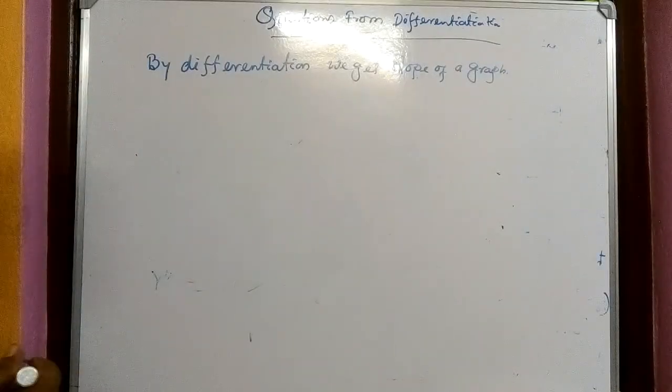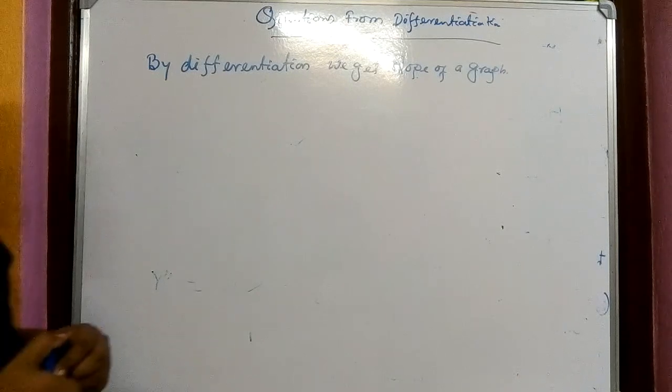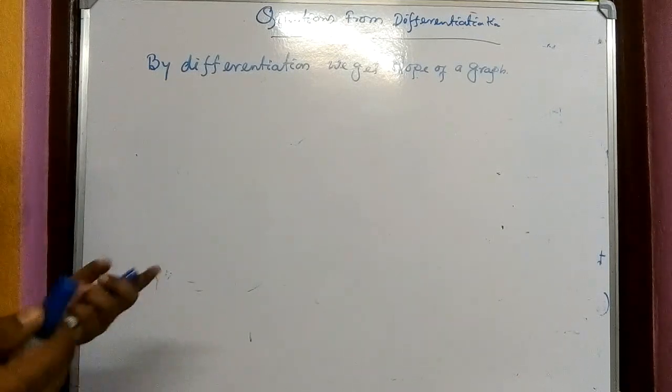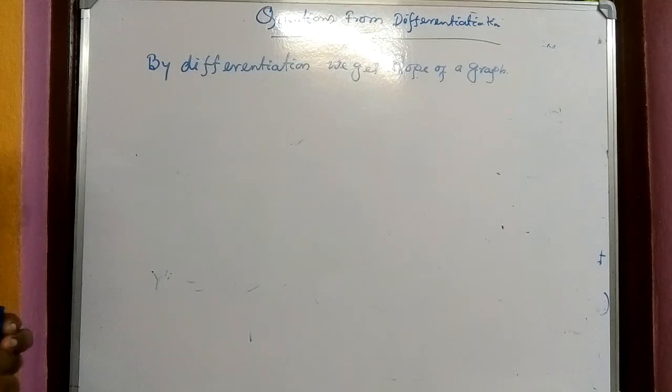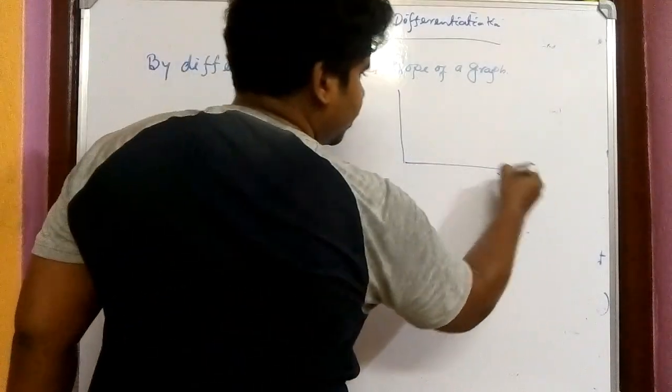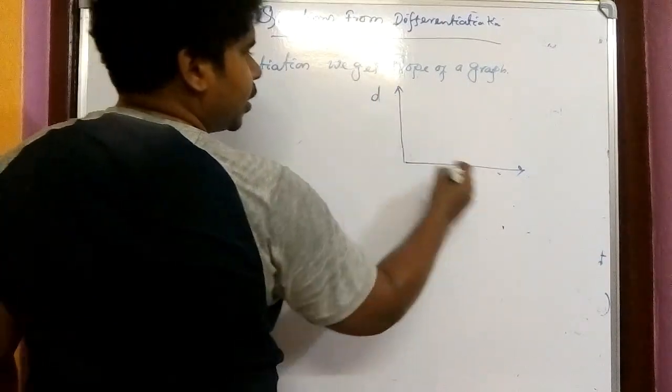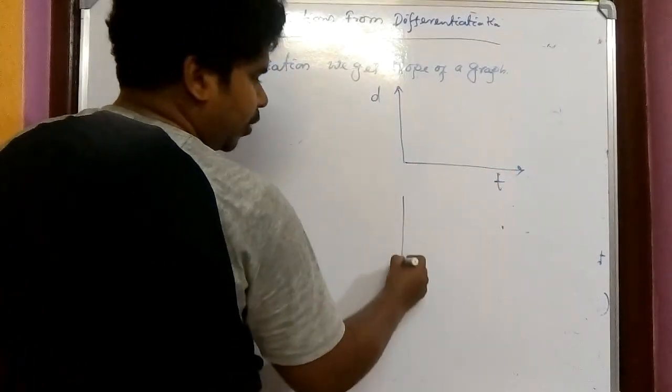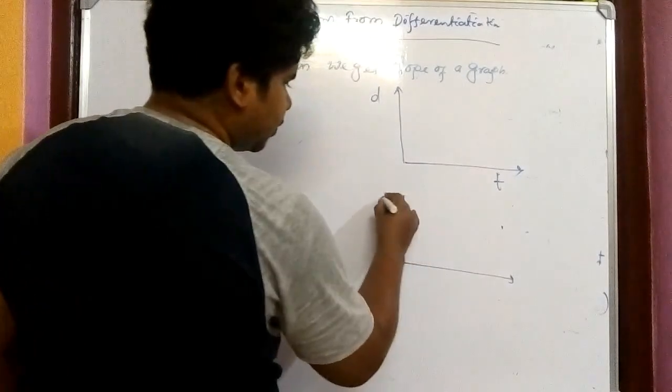In class 9 you remember we learned the graphical representation of motion. We did a distance time graph, so it is distance, it is time. We did a velocity time graph.